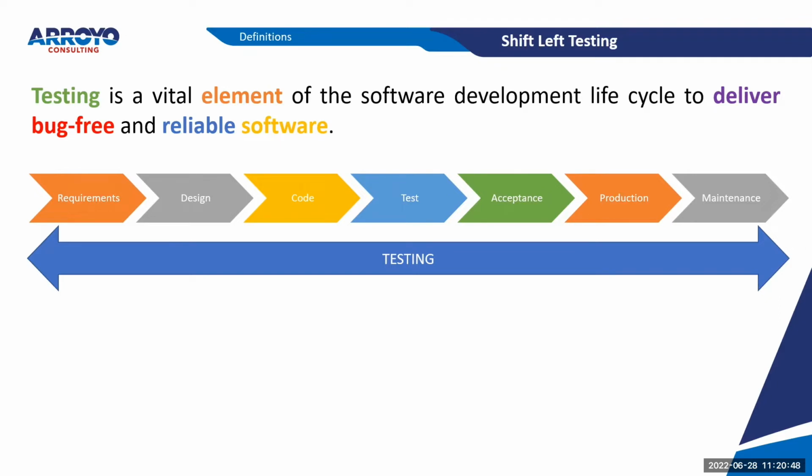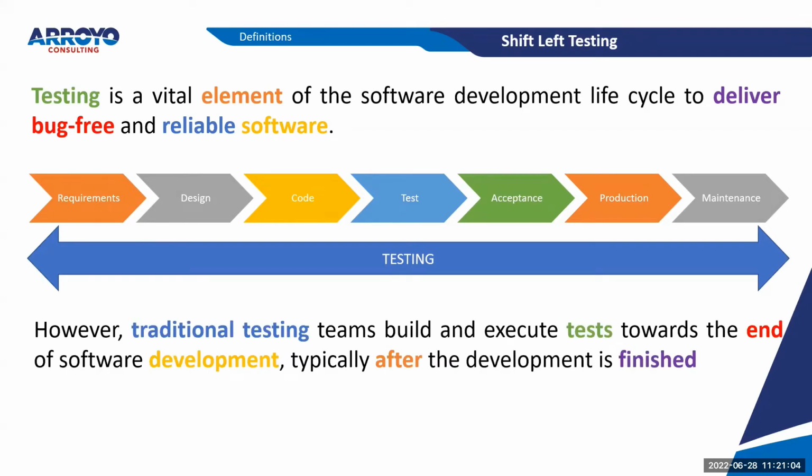The idea is that using shift left, we want to reduce the possible failures, errors or bugs at the end of the process. However, traditional testing is: first of all, do the code, and at the end, do the test.